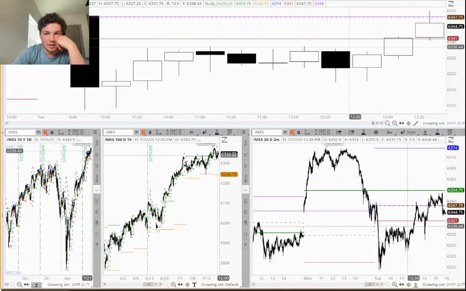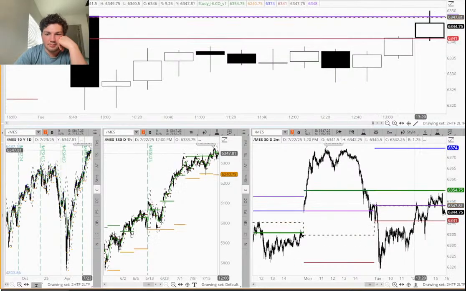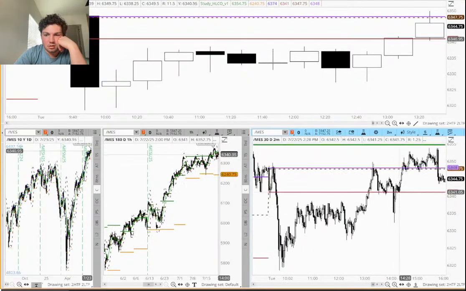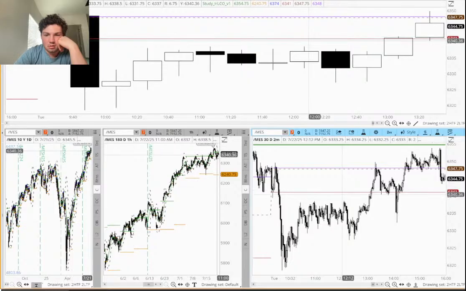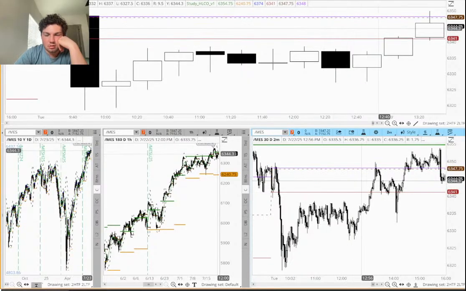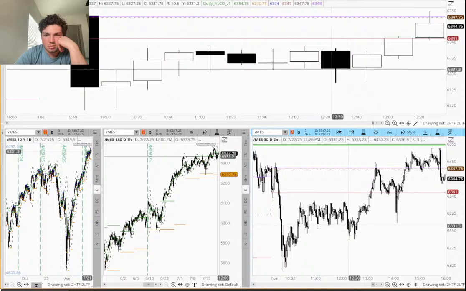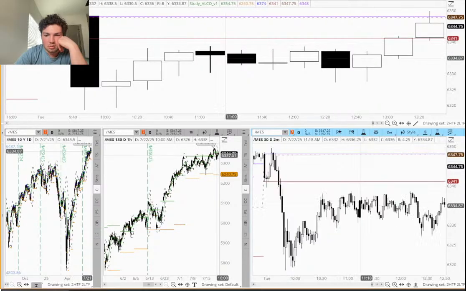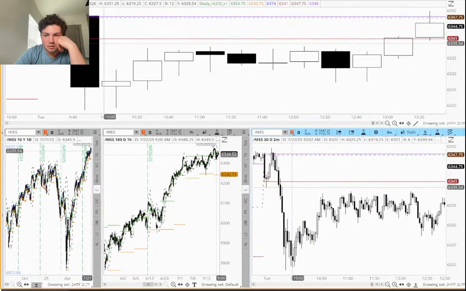So the stop loss would go to right here, and we get probably stopped out right after that. So the entry's right here. 3.39 we'll say.